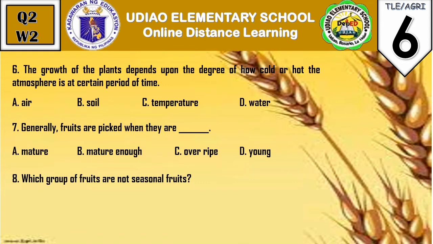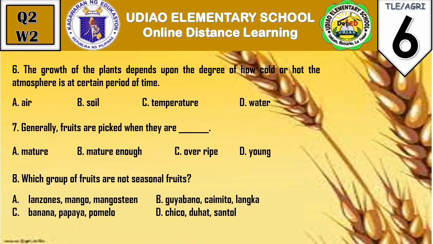Number 8. Which group of fruits are not seasonal fruits? A. Lanzones, mango, mangosteen. B. Guyabano, kaimito, langka. C. Banana, papaya, pomelo. D. Chico, duhat, santol.